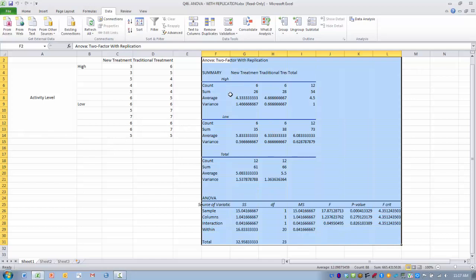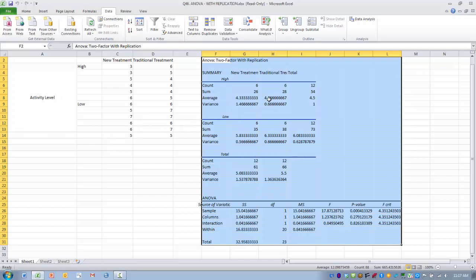So if we look closely, we can see for the group that had a high activity level to begin with, there really doesn't appear to be much of a difference between the new treatment and the traditional treatment. For the people that had a low activity level, again, we don't see a whole lot of difference between new treatment and traditional treatment.